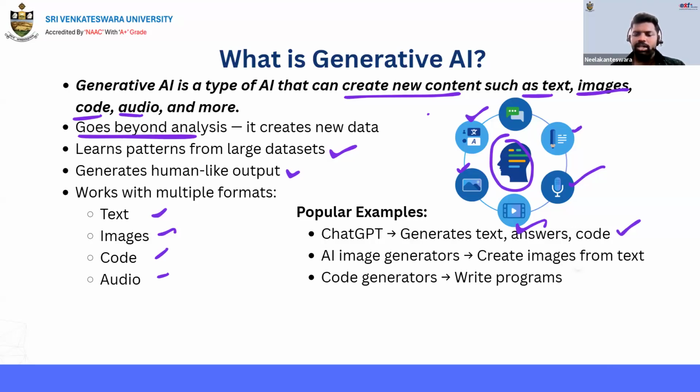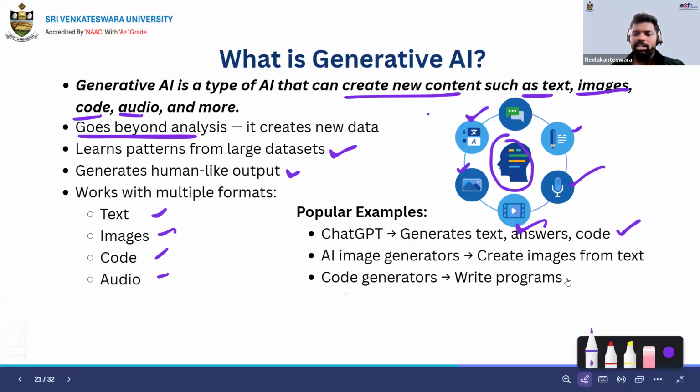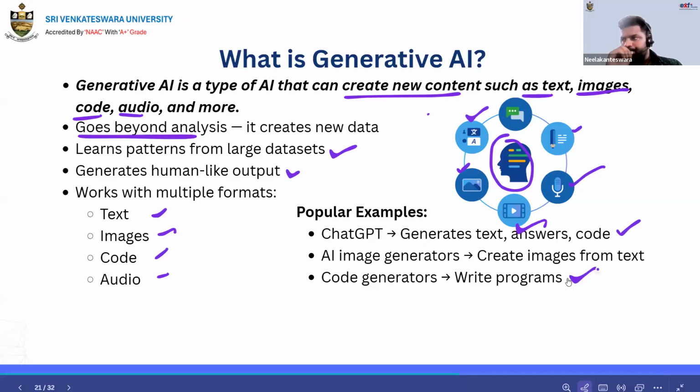And code generators, they can generate the code. Almost all, if you take ChatGPT also, you can generate the code, and Kimi is recently popular, right? Kimi 2.5.